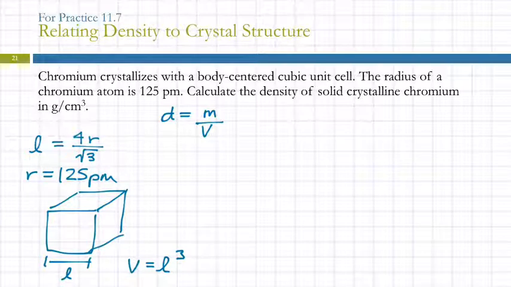That is confusing. Well, body-centered is where there's 1 in the body of the cell, 1 in the middle, and then the edges. So that's 2. Face-centered is 4. So the mass is the mass of 2 atoms. Let's do that one first because that one's different. So we want the mass of 2 atoms of chromium.